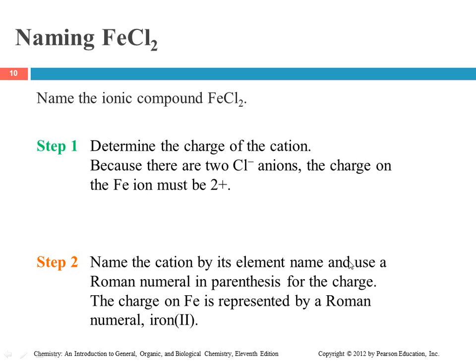That -1 comes from here. So you have to multiply the number of atoms times the charge, and this has to equal 0. This is a pretty simple one again. 1 times 2 will give us 2 minus 2 equals 0. So X, or the oxidation state, has to be 2+.